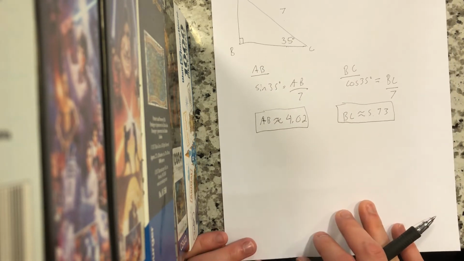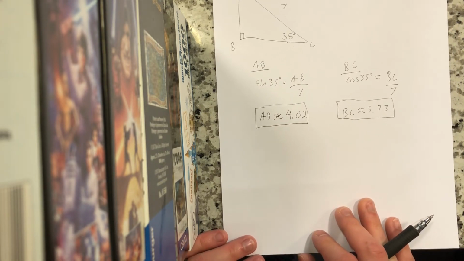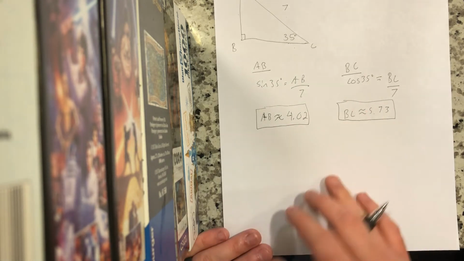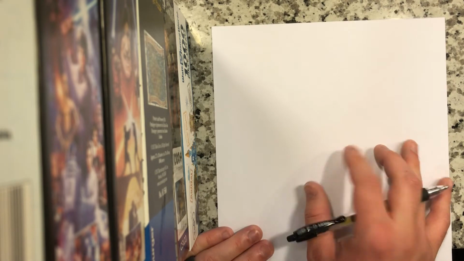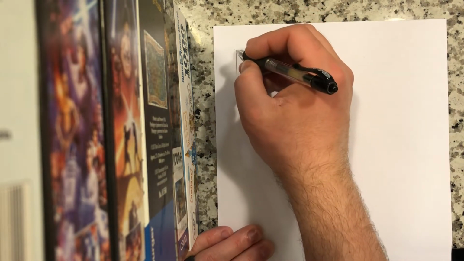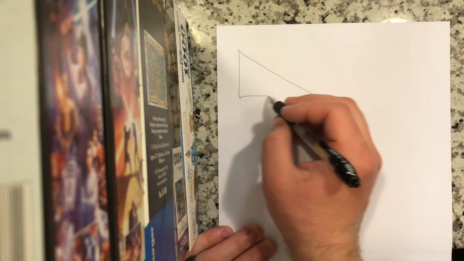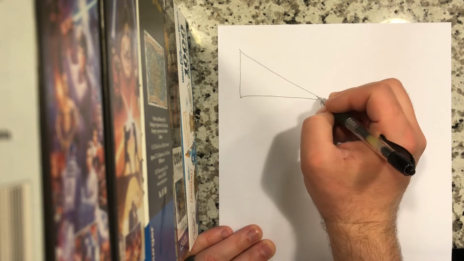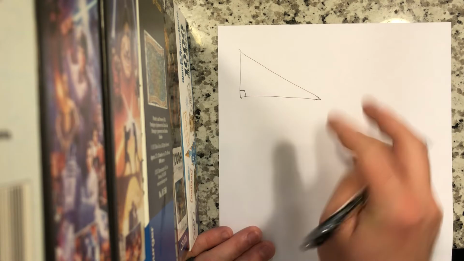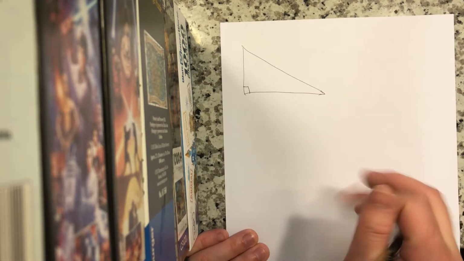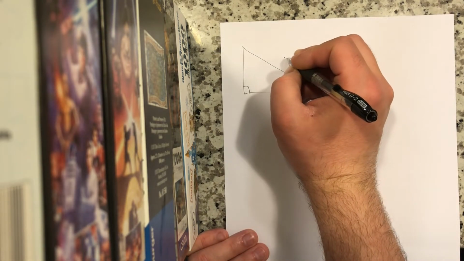The next thing we're going to do is an example where we're using the inverses. So I'm going to go ahead and flip this over here. So let's say I give you a triangle. Here is a right angle. Let's say this is 7.